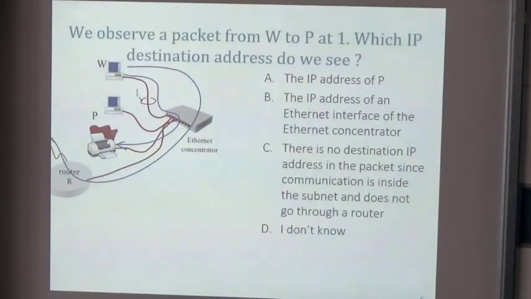W will know that it has to send it to the MAC address of P, and therefore P will receive it directly. So it's not used for forwarding because there's no router in the path. Of course, if it would be the IP address of the Ethernet concentrator, that would be a problem like we saw a few minutes ago.